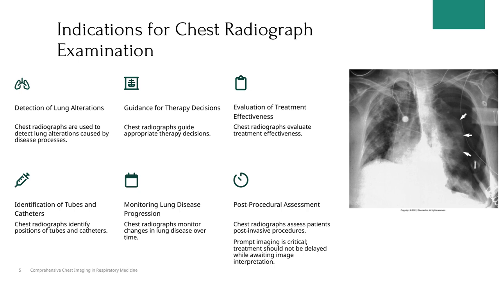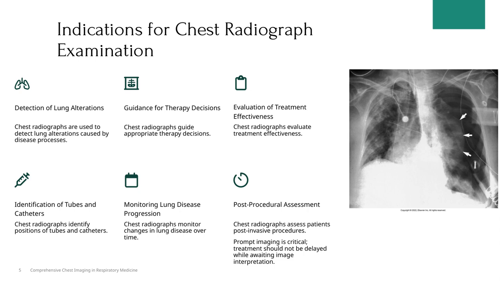Another key point is that chest radiographs help us identify the positions of tubes and catheters. Correct placement is crucial for effective treatment and patient safety, and imaging provides that visual confirmation. They also play a vital role in evaluating how well our treatments are working. If the lung condition improves or worsens, the radiograph helps us see those changes clearly.